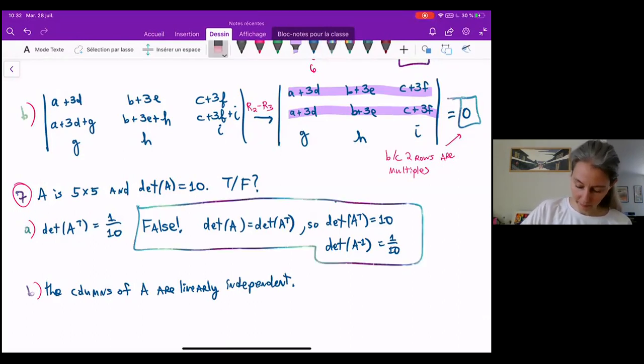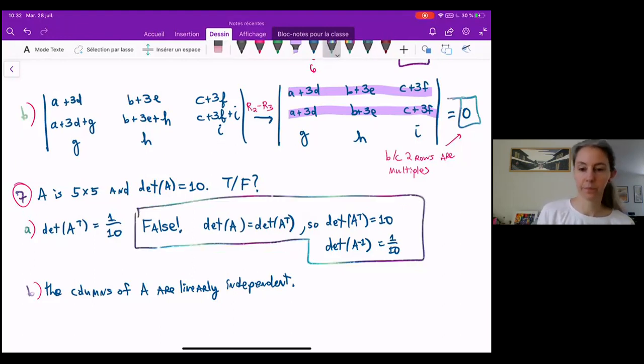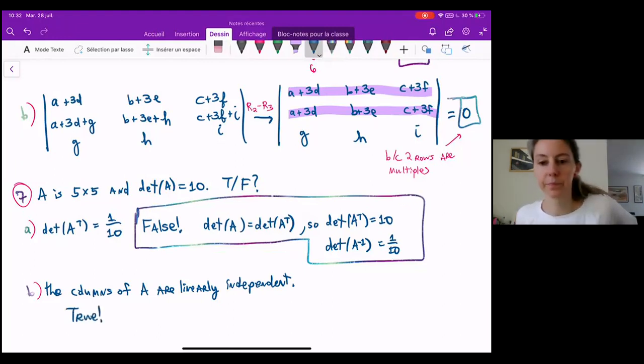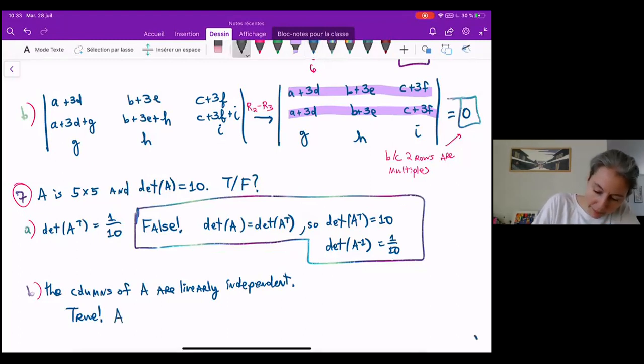If the determinant is 10, you got it. It's true. And what would be a good explanation for that? Exactly, it's invertible, it reduces to I, and there's therefore a pivot in every column. And that's because the determinant does not equal 0.